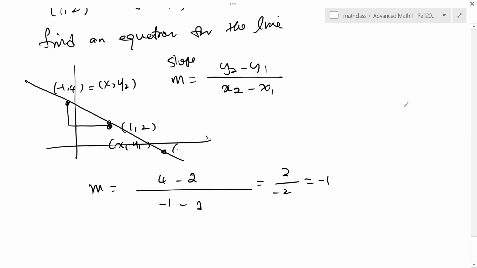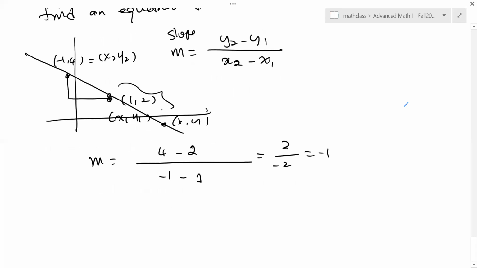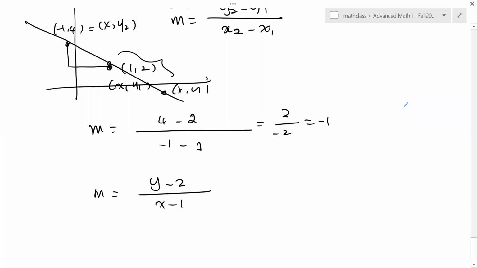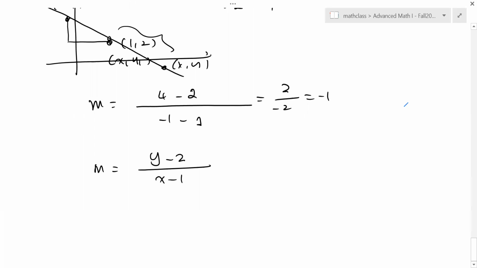So let's take an arbitrary point x and y. Then I use this pair, and I should get the same slope. So the slope is also going to be y minus 2 over x minus 1. That gives you the relationship between x and y, because the slope is already given. So the equation is going to be this.